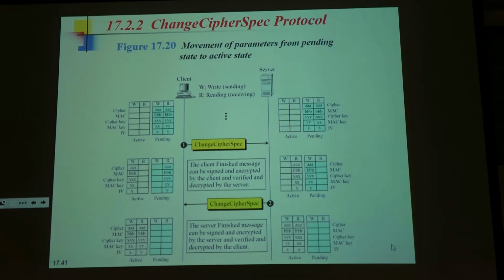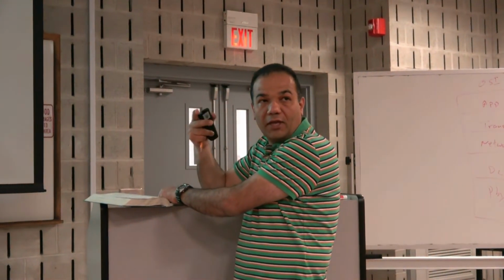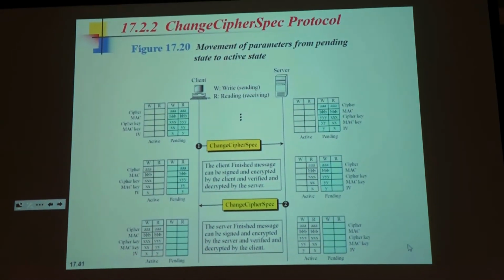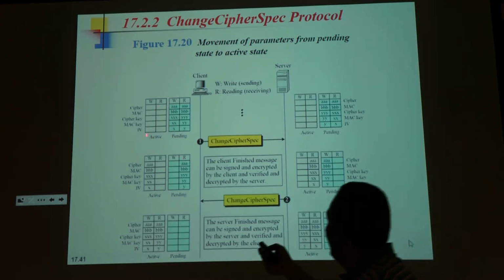The other state is the active state. Remember, a state is the memory where you save these parameters. So there are two states, active and pending. The active state holds parameters and secrets used by the record protocol for encryption and decryption.